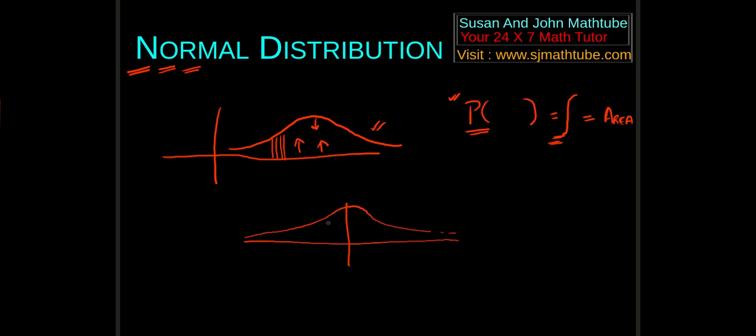Half the distribution will be on the negative side and half will be on the positive side. And of course, as always, the total area of the graph is equal to 1. And then the graph becomes asymptotic to the x-axis, and on this side it goes to infinity, and on this side it goes to minus infinity.